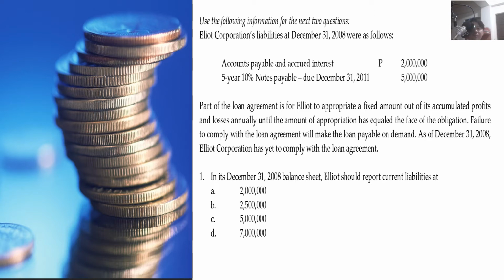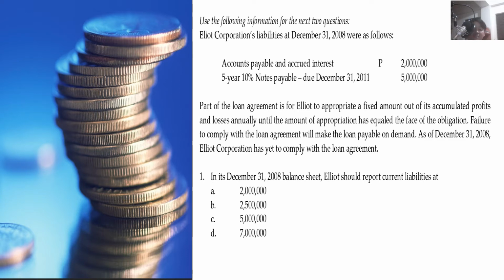So, as a result ng violation ng company dun sa agreement nilang mag-appropriate ng part ng kanilang accumulated profits and losses annually, so since hindi nagawa yun ni company, ano ang magiging effect? Magiging payable on demand, yung liability.